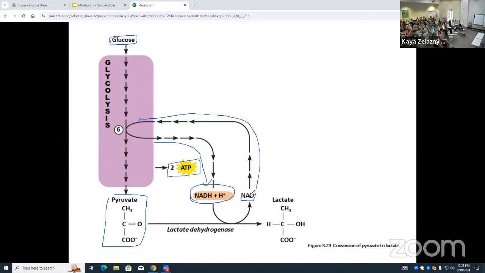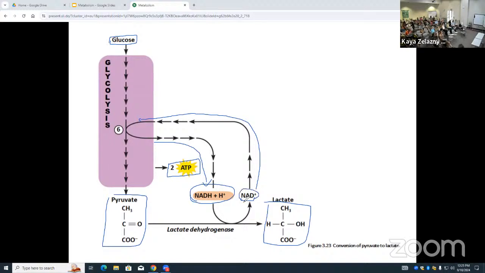What we do here is we take our pyruvate, and this enzyme lactate dehydrogenase produces our molecule lactate, right? So we turned the pyruvate into lactate. And a convenient aspect of this process for us is that in order to do that, we needed some NADH, and it got turned back into NAD+.